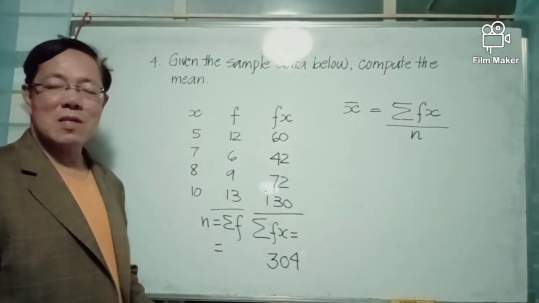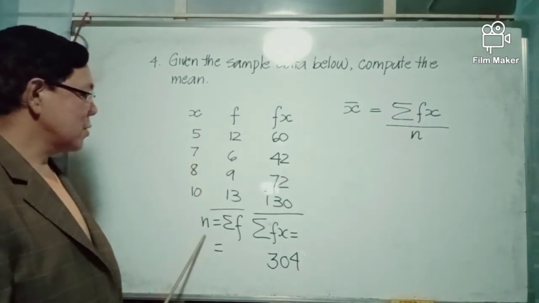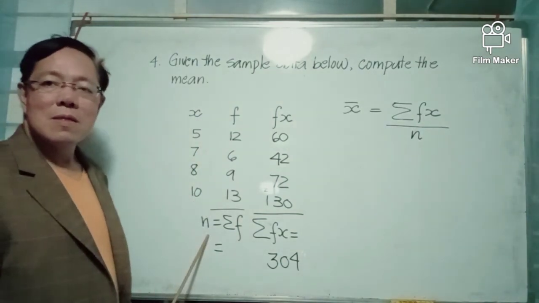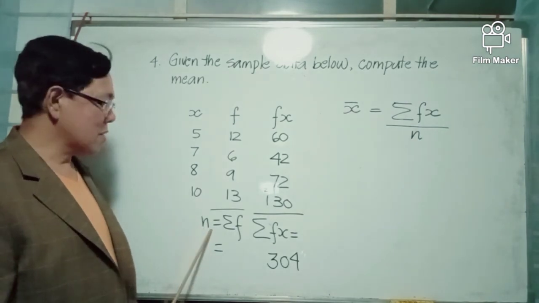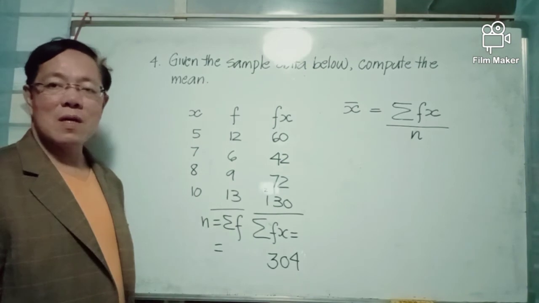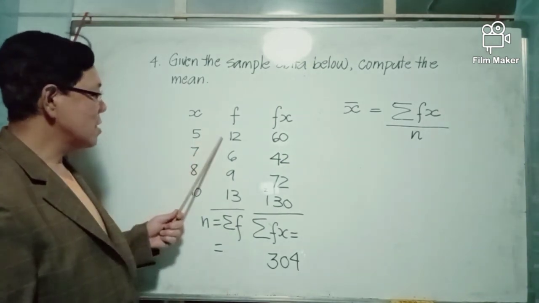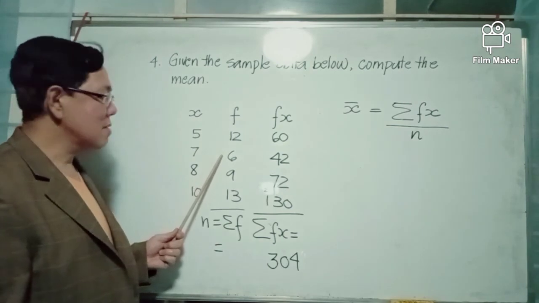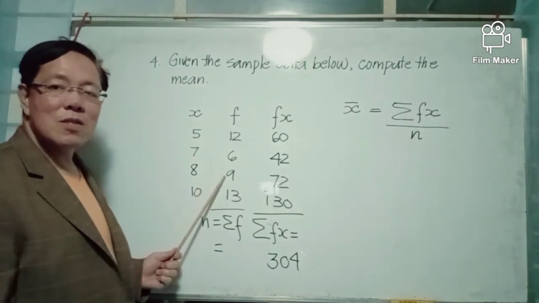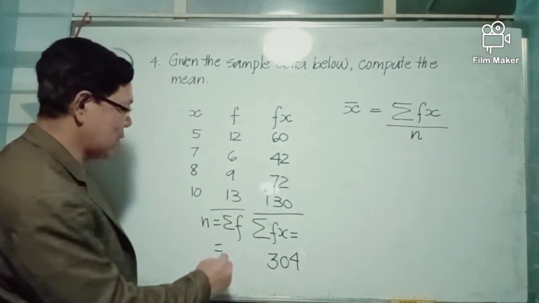Add the values in the frequency column, and you have the sample size. The sample size is the summation of the frequencies if the frequency table is given. So we add 12 plus 6 is 18. 18 plus 9 is 27. And 27 plus 13 is 40.